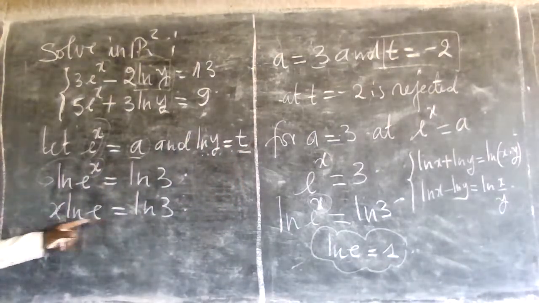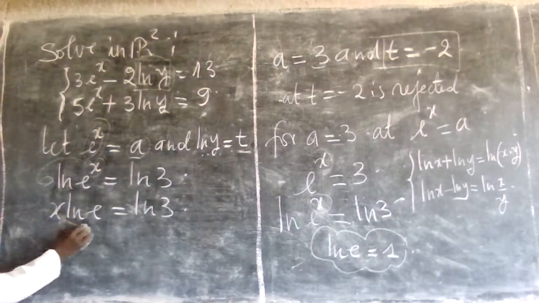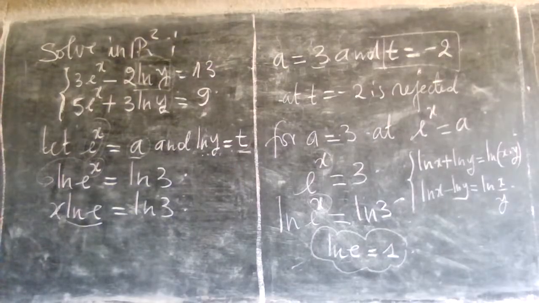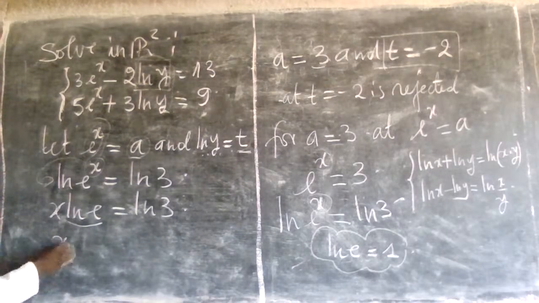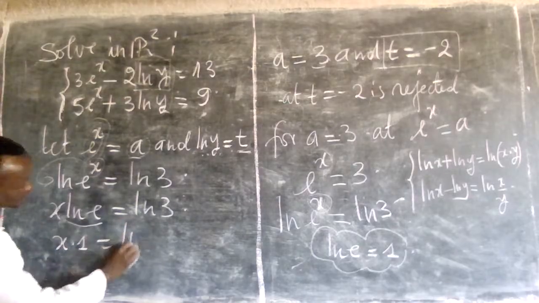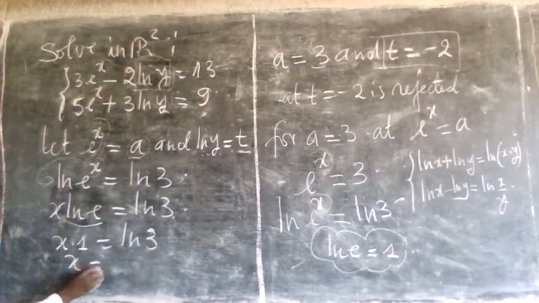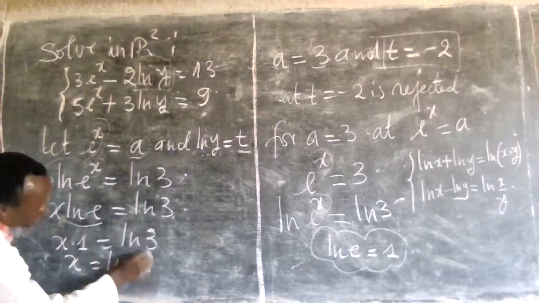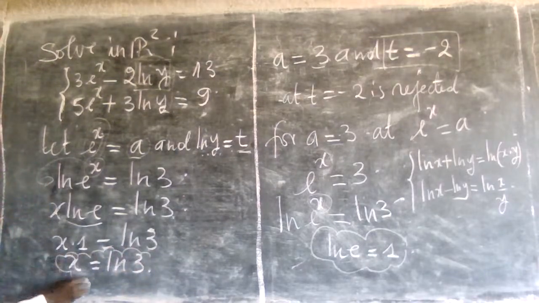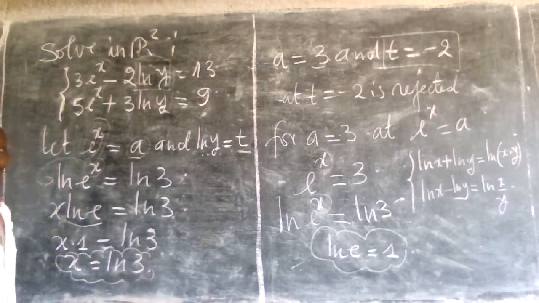Now back to our equation. This is ln of e, so it is x times 1, which is equal to ln of this number 3. Now x will be equal to ln of 3. You see? This is the value of x.